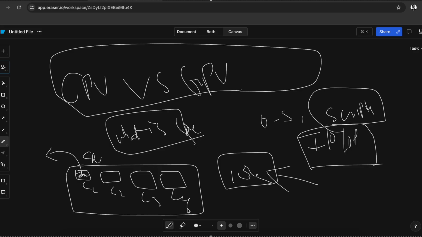Anything that has a lot of logic, a lot of decisions and different types of work, the CPU will handle very well. Now let's shift to the GPU.